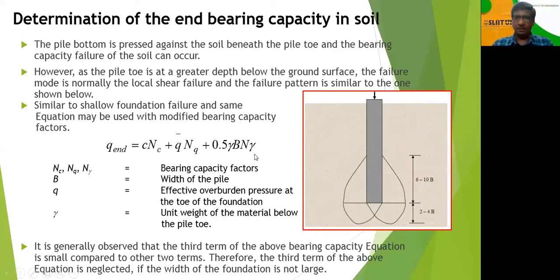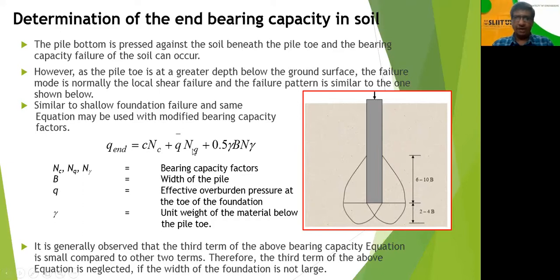Generally this N gamma factor is multiplied by the width of the pile, and it is generally smaller, right? So we disregard the third term of the equation, and the addition of these two will give the ultimate end bearing capacity, right?